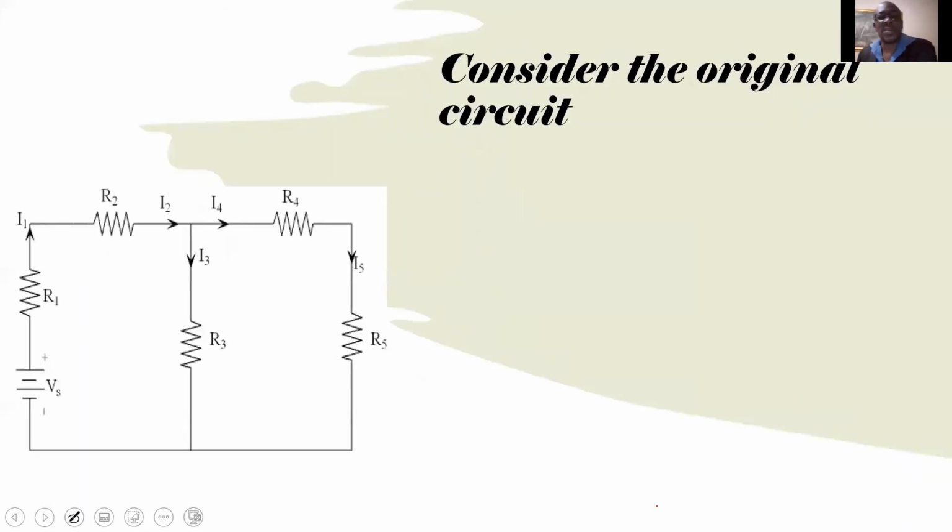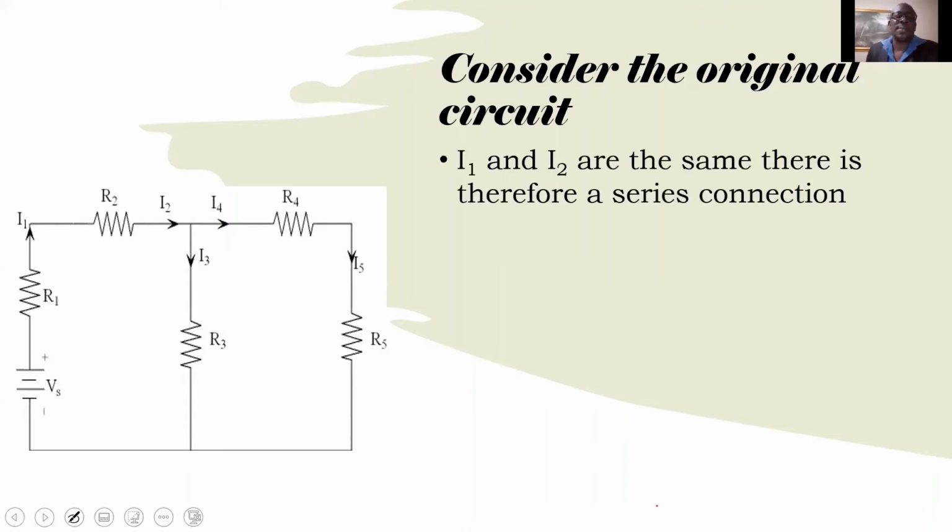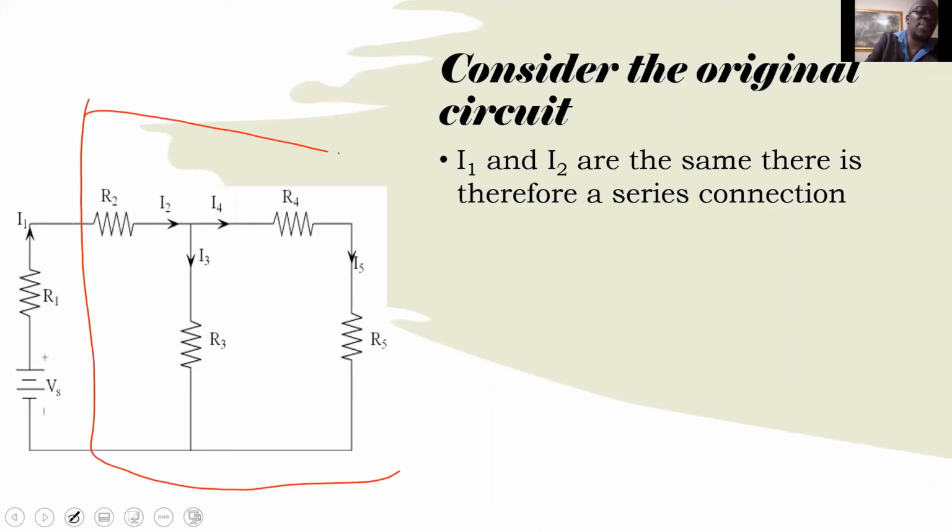Now let's go back to the original circuit. And we're going to start by looking at the current leaving the source. So we're going to start with current I1. Now I1 and I2 are the same, meaning the current I1 will leave R1, and it is the current entering, not just R2, but everything back here.